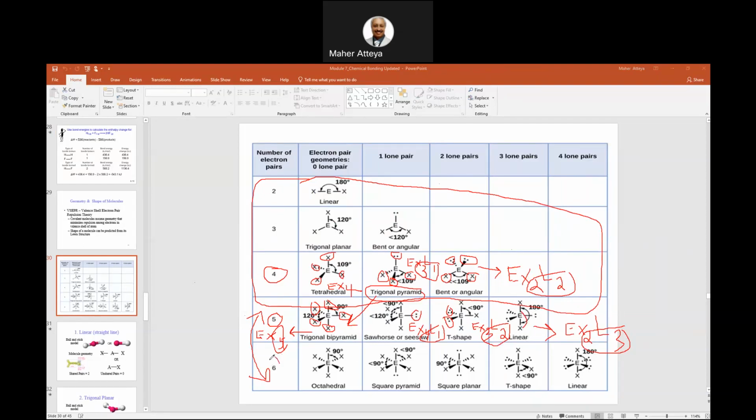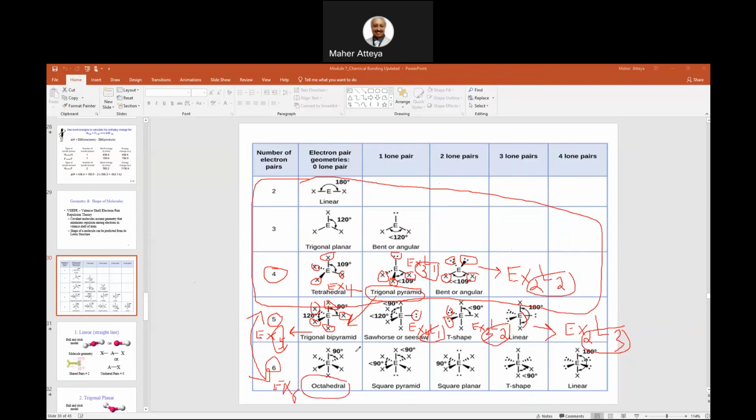If you have 6 without lone pair here, correct, it will be your E, X6. That's octahedral. Octahedral is 2 tetrahedrons. You see the diamond. Usually one piece of the diamond is tetrahedral.